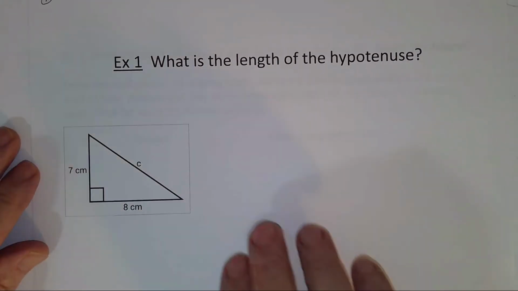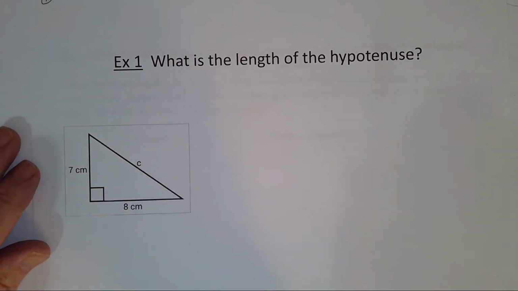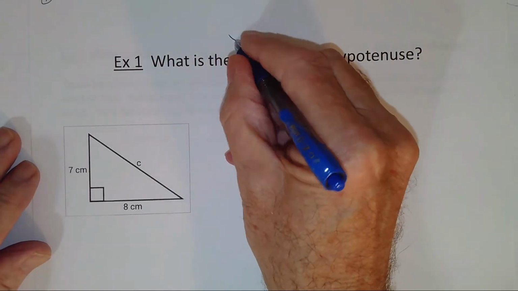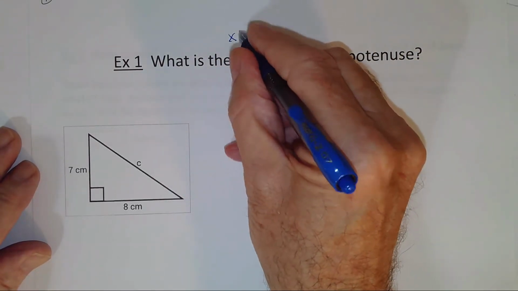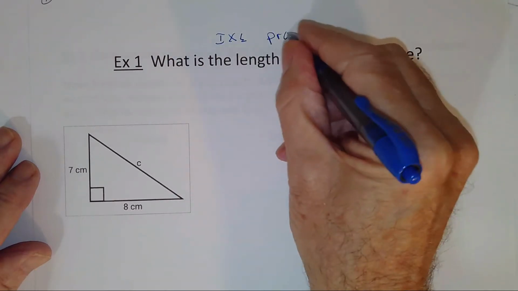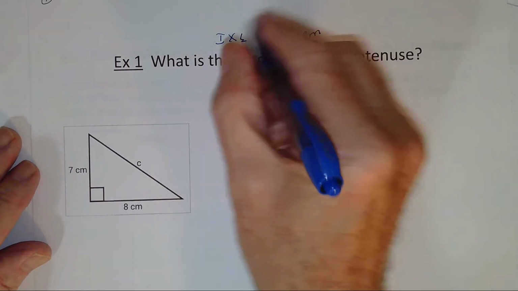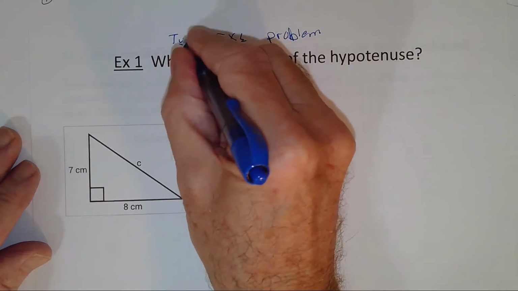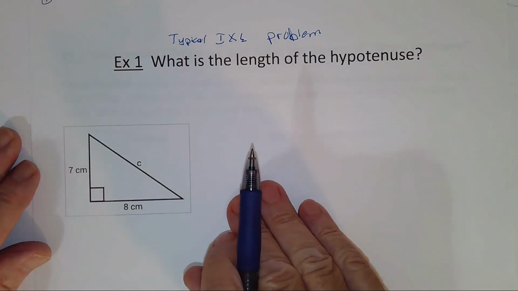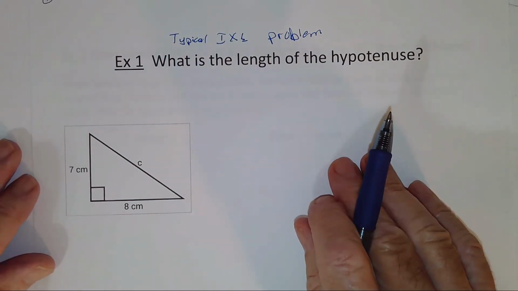This is something that you would see in IXL. So this is a typical IXL problem. One of the complaints people have about IXL problems is that you get something like this.